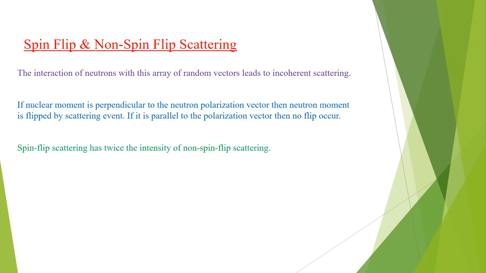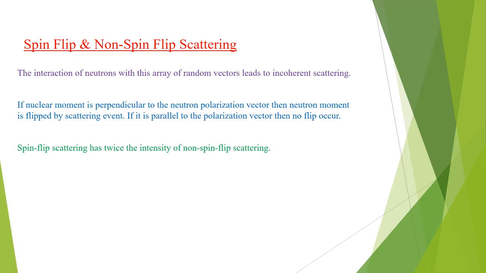Spin flip and non-spin flip scattering. At any reasonable temperature, the nuclear moments are oriented randomly at each site in a material. The interaction of the neutrons with this array of random vectors leads to incoherent scattering.